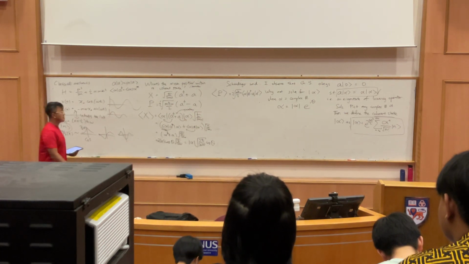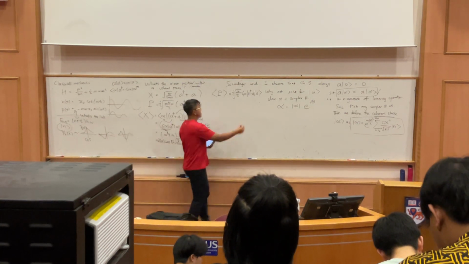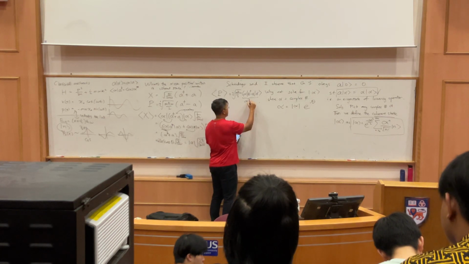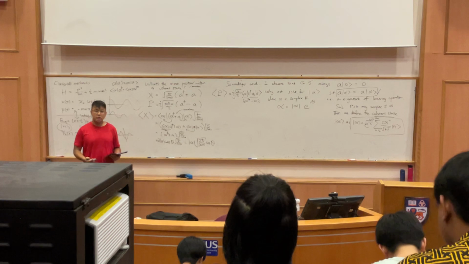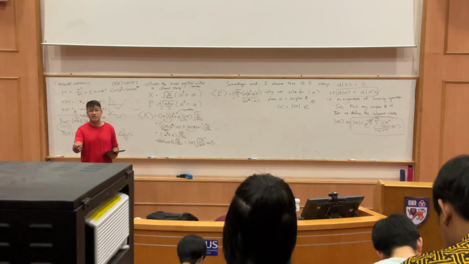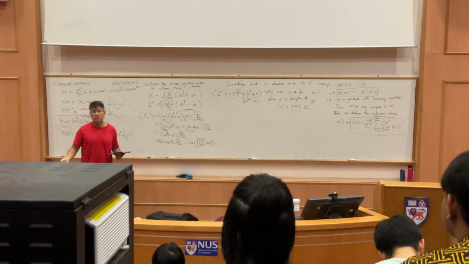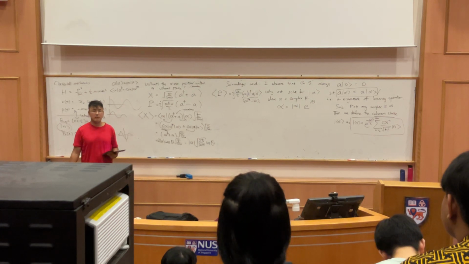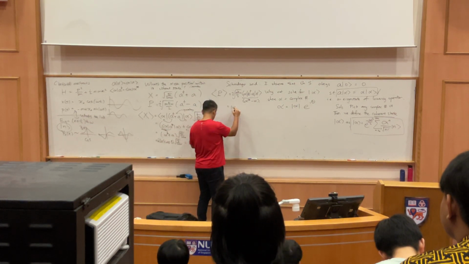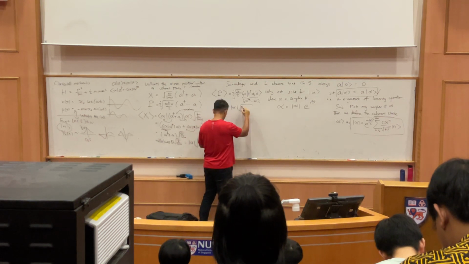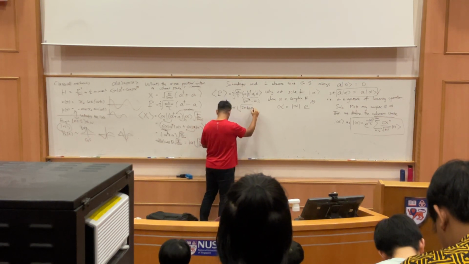The only thing that changes is that this evaluates to alpha star minus alpha. Then we use a simple trig identity: alpha star minus alpha gives a sine of this argument. Therefore, this is the modulus of alpha times square root of 2m h bar omega, times sine theta.